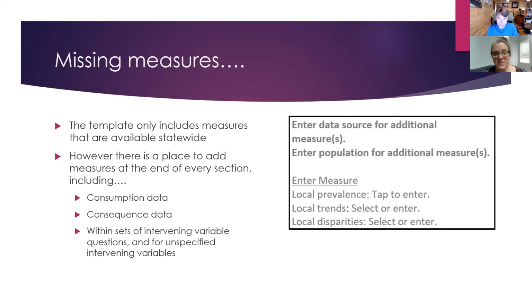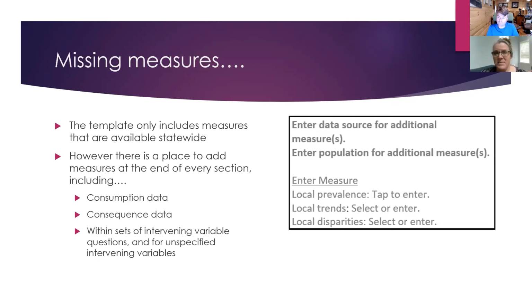We've included all the state level measures that are available, but there's a lot of other things that some communities might be able to get. Some communities might be able to get their suspension and expulsion data from their schools. They might be able to go to their local law enforcement and get underage alcohol charges.